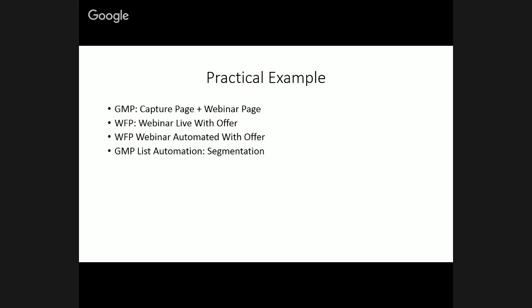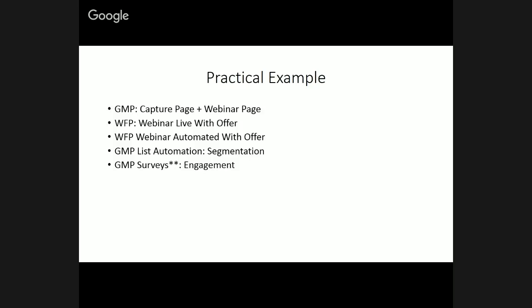If I buy an expensive affiliate product from you, you don't put me on the same list as the guy or gal that just opted in for free. You don't treat your prospect the same as somebody who's bought coaching from you. Is everybody with me on list automation? This is what you want to do with your autoresponder.